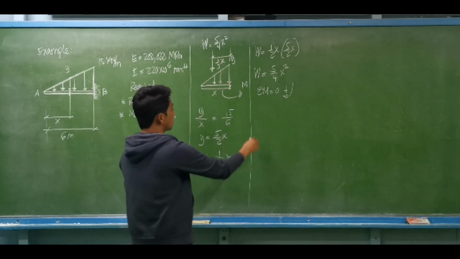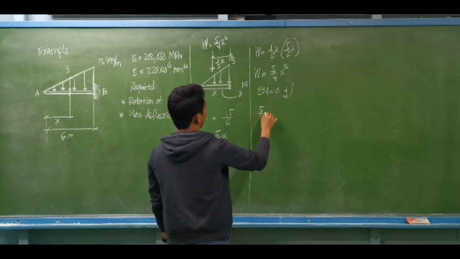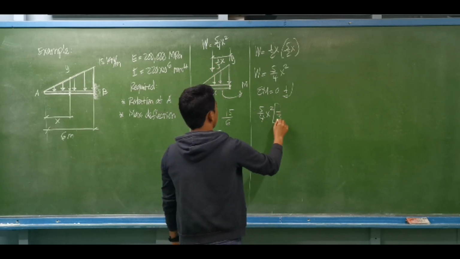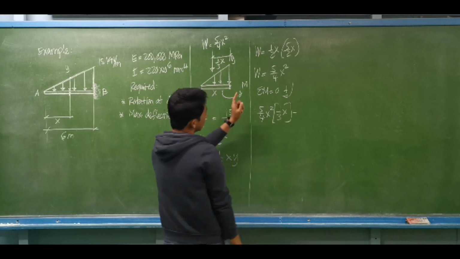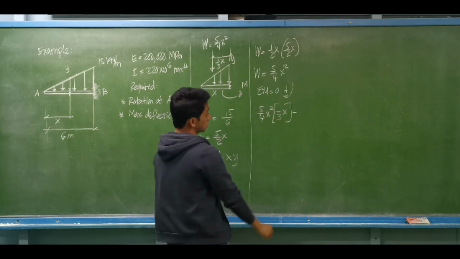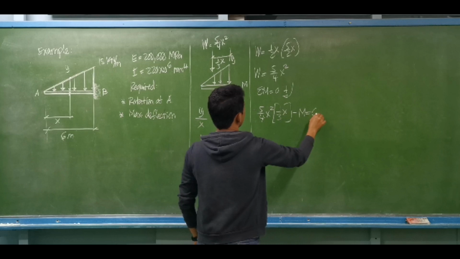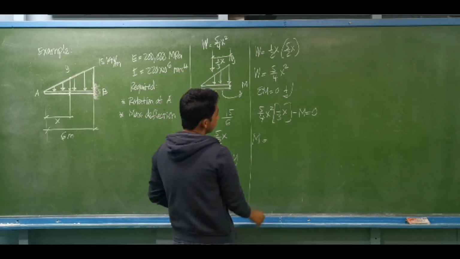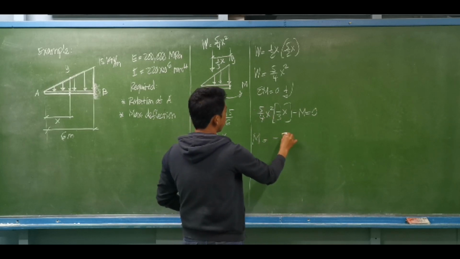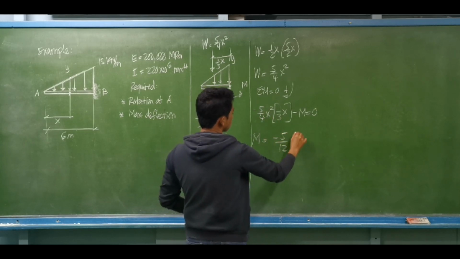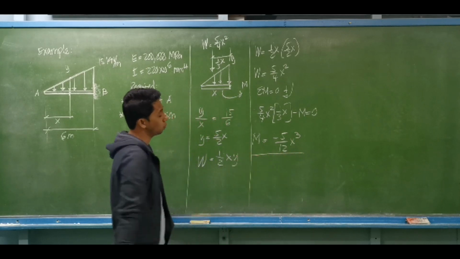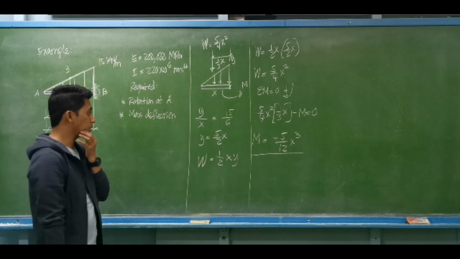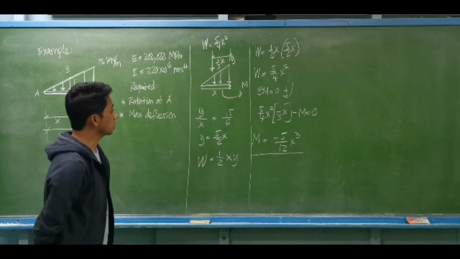It is counterclockwise, so it is negative 5 over 4 of x squared times the lever arm 1 over 3 of x, minus this moment, because it is a cut and exposed section, equals 0. So the moment is negative 5 over 12 of x cubed. We have only one term on each side, so that will be our moment equation.